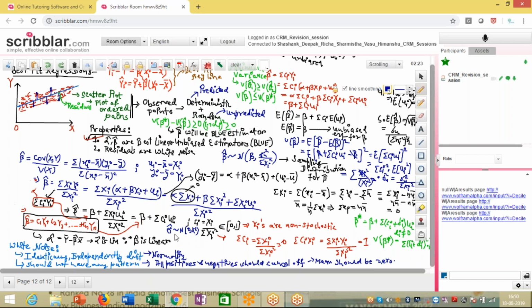So we need to test this. Basically, testing whether residuals are white noise gets reduced to tests for normality. So what I need to do is test for the normality of this series.